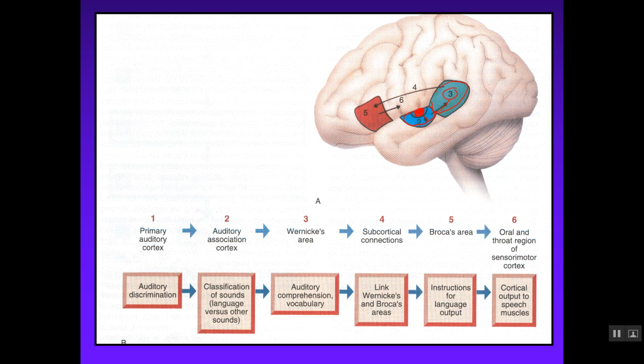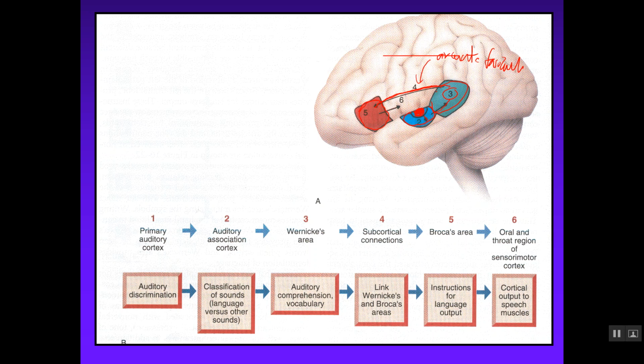If you are then going to respond in a conversational manner, if you don't, that's where it ends. You heard it, you understood it. But if you're going to respond back to the person, you will send a signal to Broca's area via the arcuate fasciculus. That's a medium length association fiber that runs from here to Broca's area, and that's where you formulate the plan based on what I understood this person said.